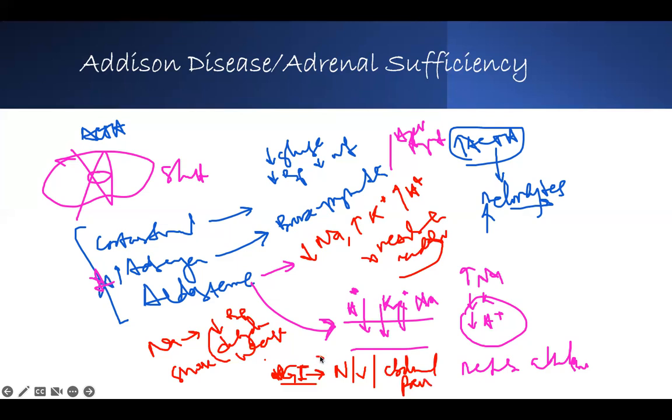And so that is classic. So those two, GI symptoms and skin bronze pigmentation, are very important for adrenal insufficiency.